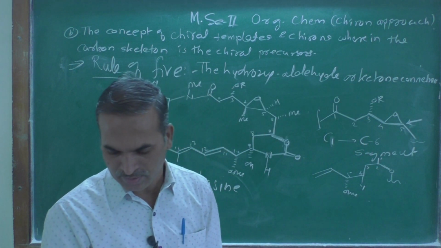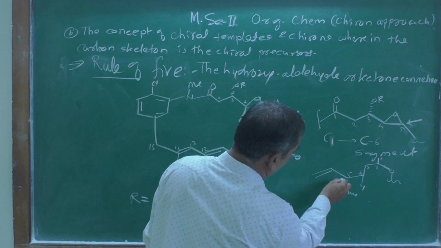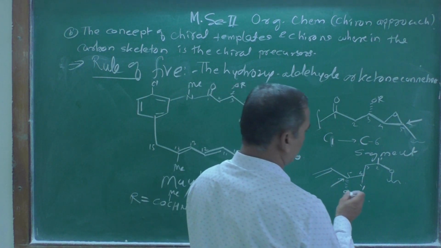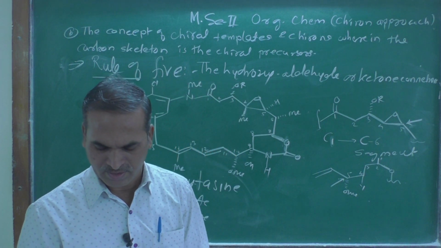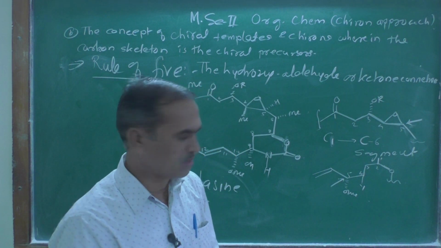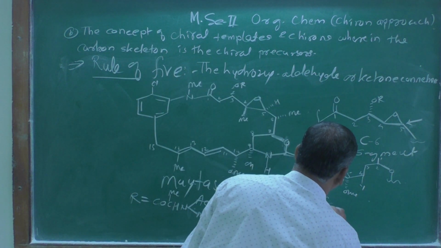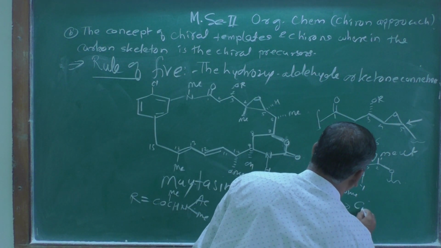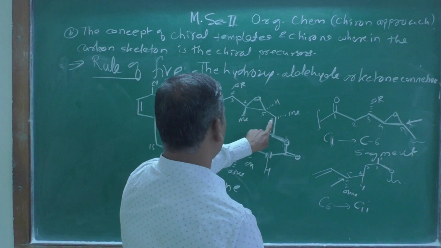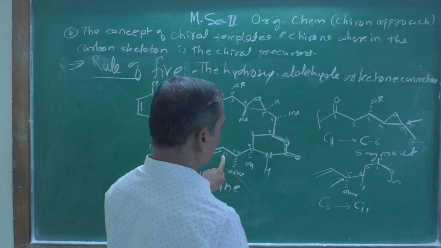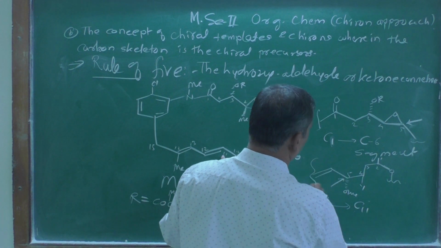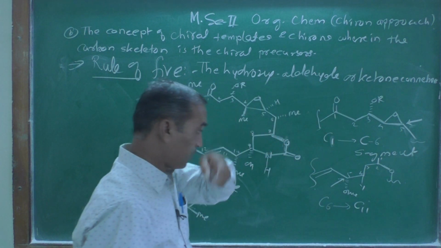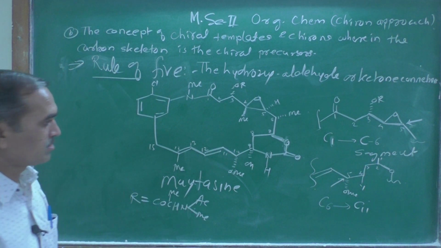So you can look from this side only. Look, this is a segment. This is again an application of C6 to C11. This is C6 changing to C11, from this to this one. So this is C6, this is a segment, and that is the compound. Now this is about the segment.